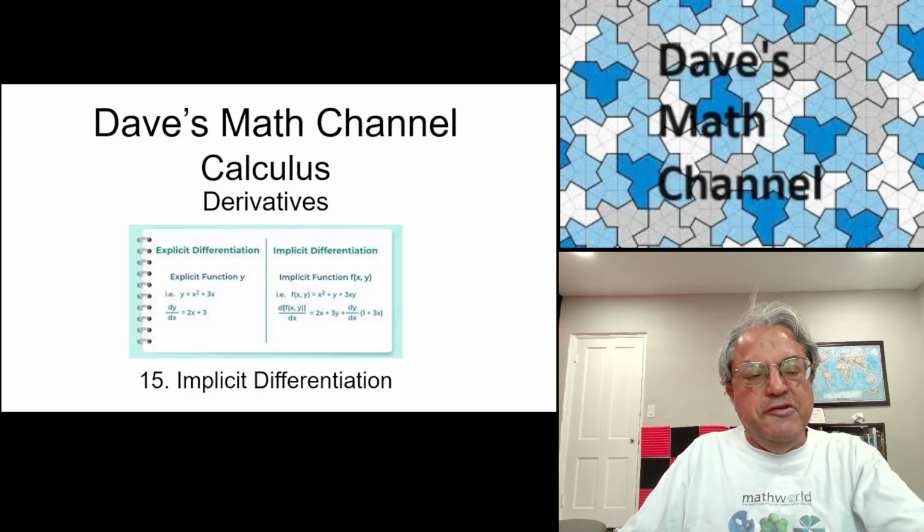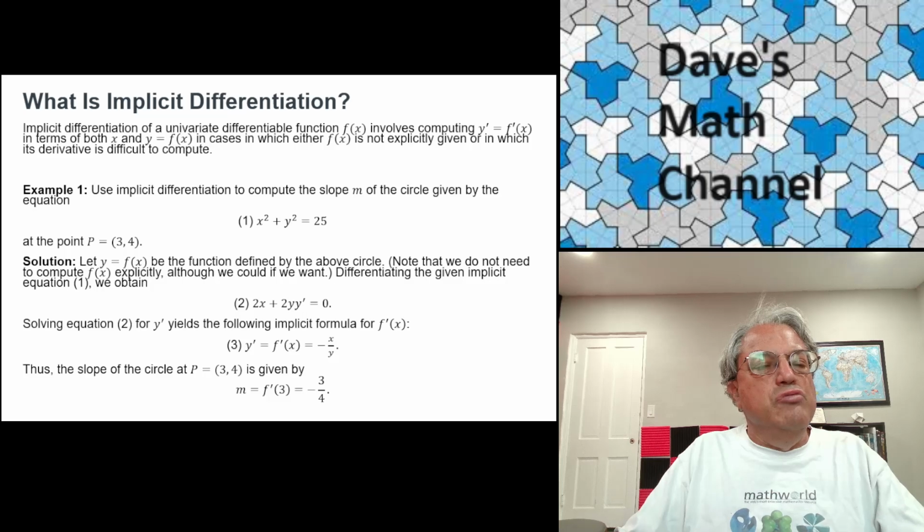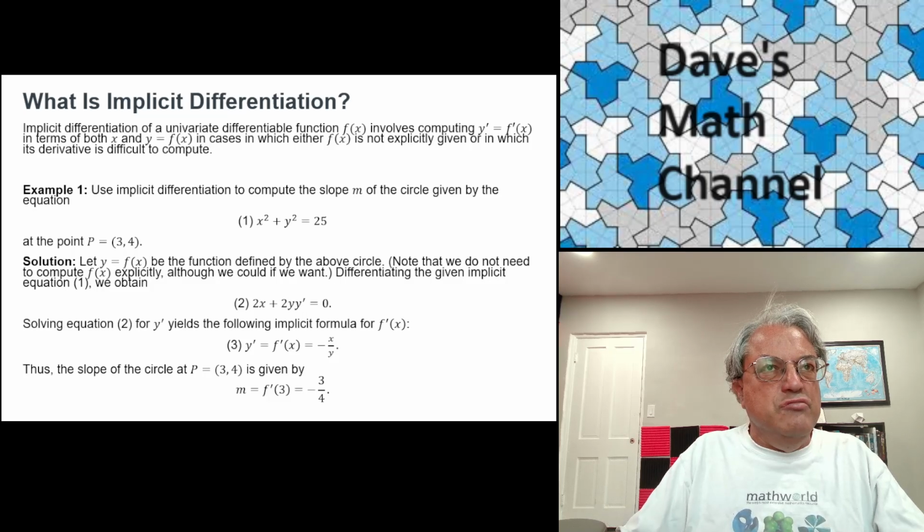So anyway, let's begin. What do we mean by implicit differentiation? Well, this is a very useful technique when you have a complicated function, either given by a formula that's too complicated to compute the derivative of, or maybe you don't even have an explicit formula for the function, but you have what's called an implicit formula.